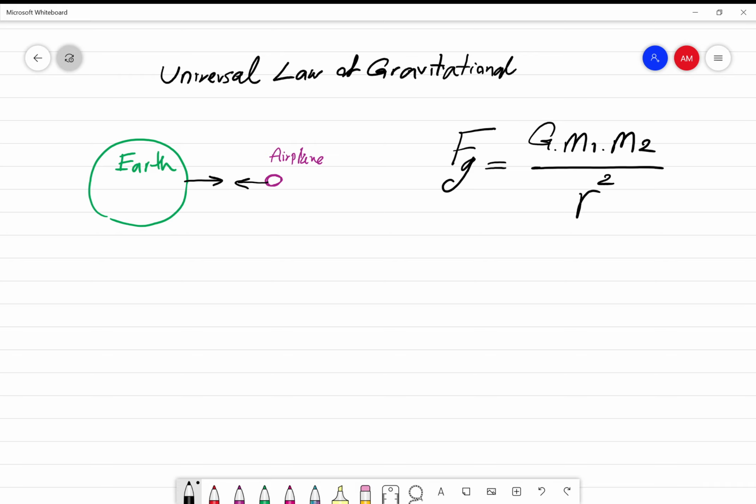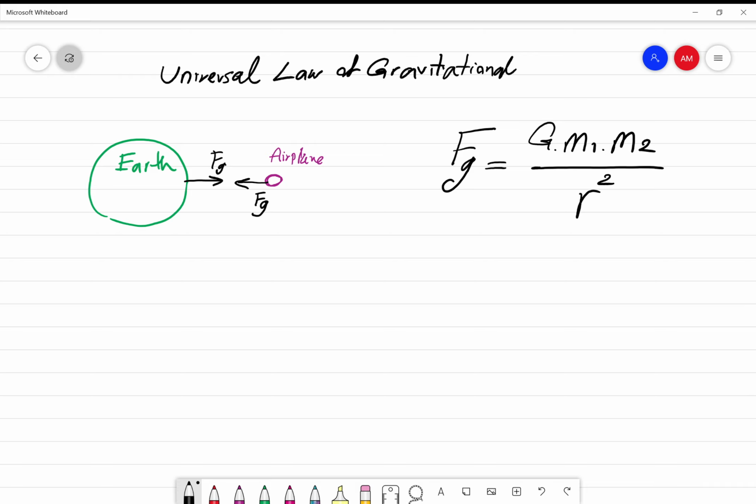So the first thing we notice, and the first thing that we need to consider, is that this force comes as a pair. It means they're both objects attracting each other at the same time. So they're both applying Fg on each other. The amount of force Fg that they're attracting each other with is exactly equal.